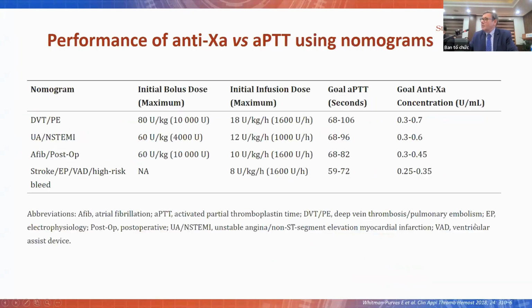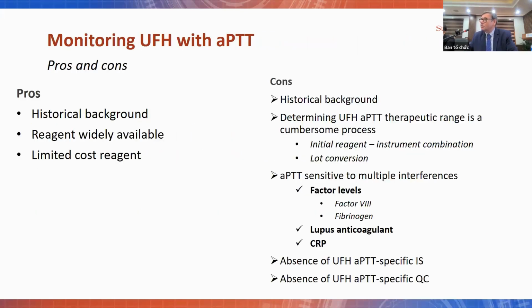And second, the APTT is also sensitive to coagulation factor levels, especially high levels of factor VIII and high levels of fibrinogen. You have those high levels in the same patients that may have high levels of CRP, the patients in acute phase, but also in pregnant women.